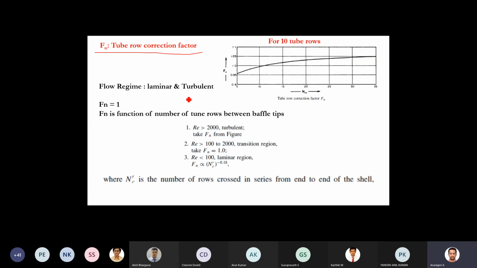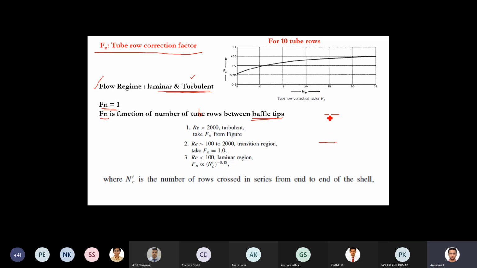So the first correction factor is the tube row correction factor. The tube row correction factor mainly varies with your flow conditions, laminar and turbulent. So this Fn is equal to 1 for turbulent flow, closely 1 for turbulent flow. But in general, this tube row correction factor is a function of the number of tube rows between the baffle tips, correct?